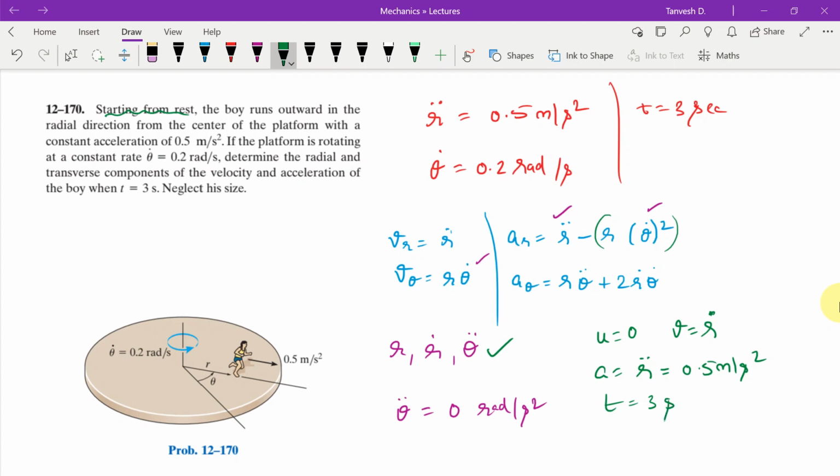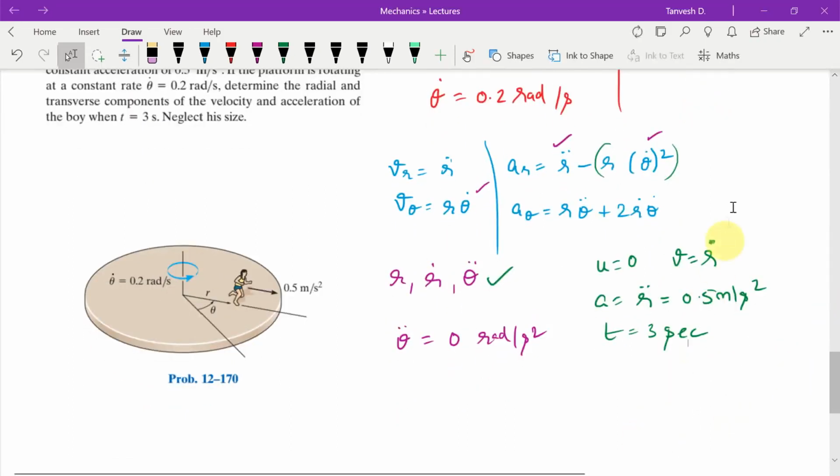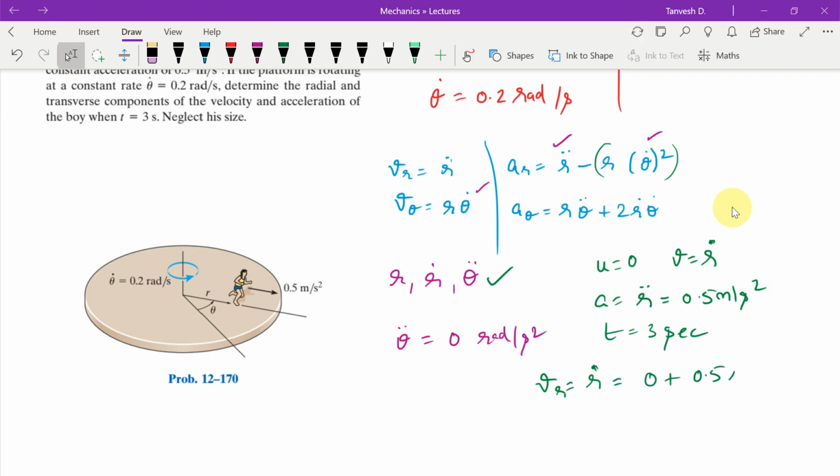So we can apply the equation v equals u plus at. So r dot, which is actually your radial velocity, is u plus at, which is 0 plus 0.5 into 3. Therefore vr, which is r dot, is equal to 1.5 meters per second. So one more thing we have found out, that is r dot.